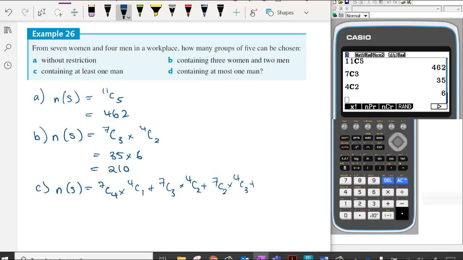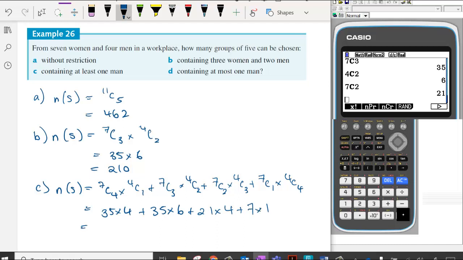Or the last one is that we could have all 4 men, so that means we would have 1 woman, 7C1 multiplied by 4C4. Okay, so to calculate this out, we have 35 by 4 and 35 by 6 and 21 by 4 and then 7 by 1.